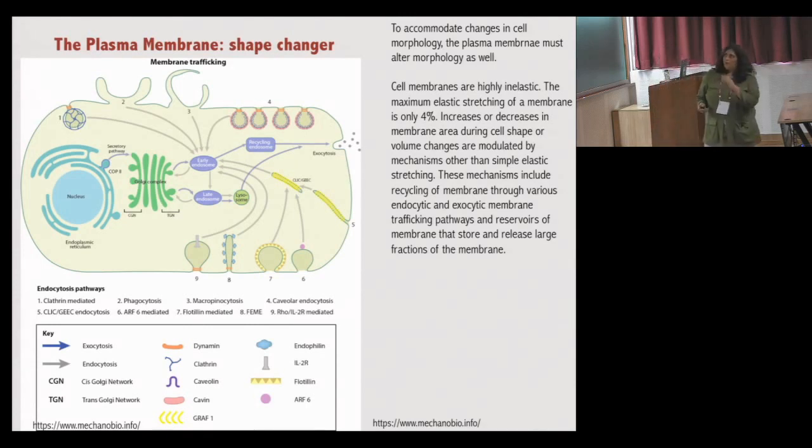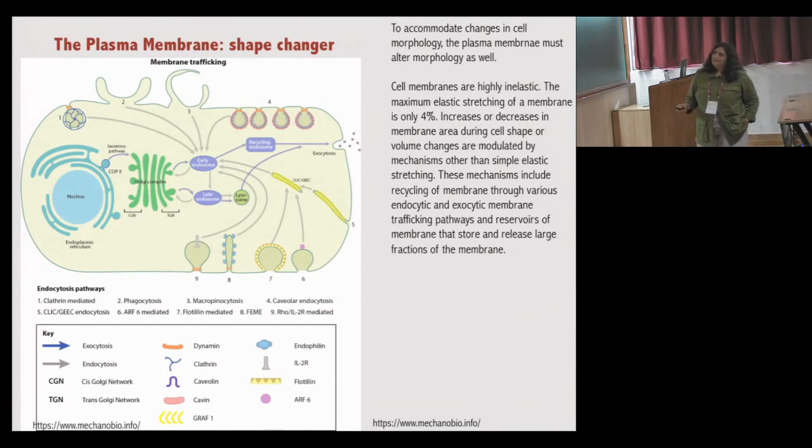So one more part of the toolkit that we should also remember are the various membrane compartments themselves. And as I already said, these are the superstructures of the membrane that I was talking about.